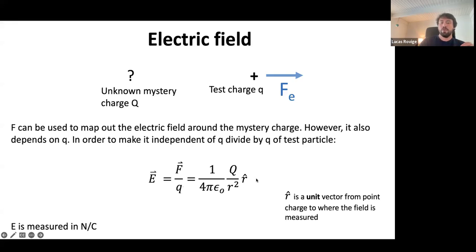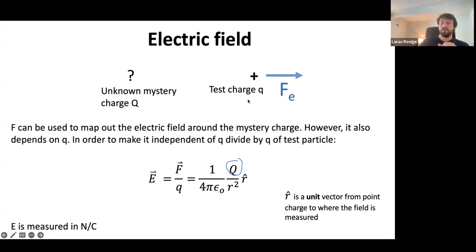And why is it interesting to divide by q, the charge of the test charge? Because we have the electric field associated with this mystery charge, which only depends on the charge Q of this mystery charge. So we start from a force that depends on your test charge, and so you cannot define it for every particle. It's very specific to this situation.